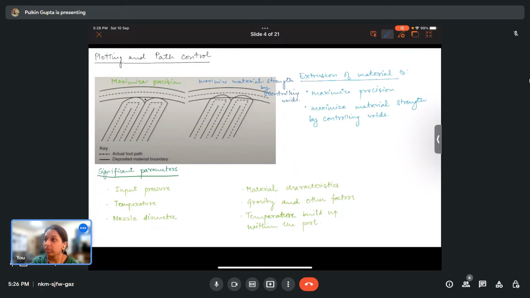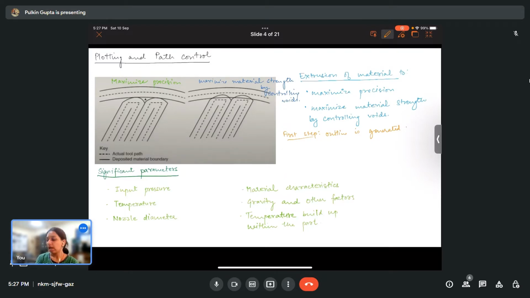Usually what happens is, firstly an outline is made. So as a first step, the outline is generated, and in the second step the inner parts are filled.